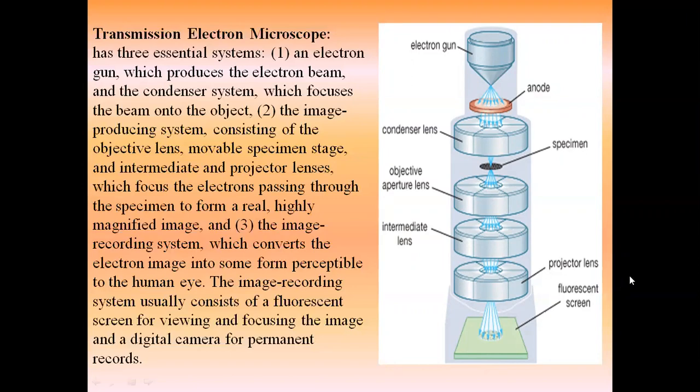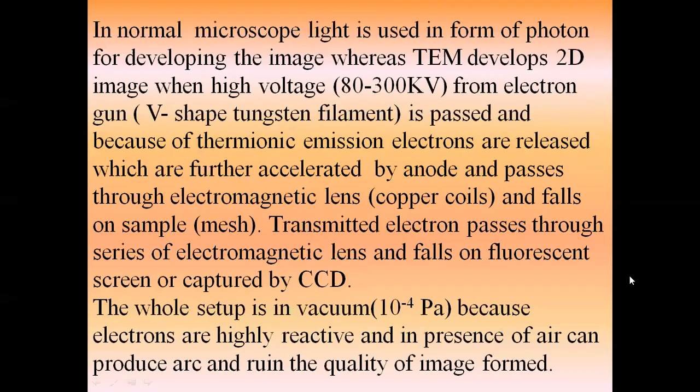So this is about your transmission electron microscope, and a few more points of theory we will add. In a normal microscope, light is used in the form of photons for developing an image, whereas the TEM, the transmission electron microscope, develops a 2D image. Okay, this is important.